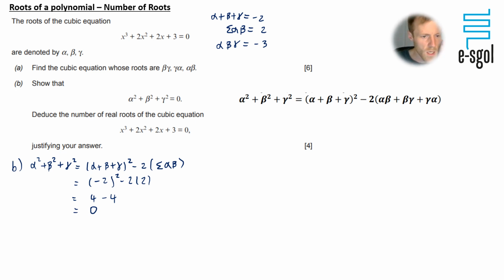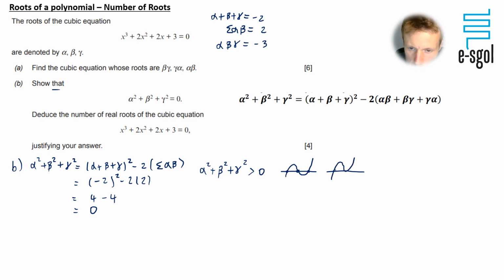Now, if we look at this here, because we've done the show that bit, deduce the number of real roots of the cubic equation. I guess if we had alpha squared plus beta squared plus gamma squared, and we got a number that was greater than 0, then we could have a situation that looks like this on a graph, where we've got 1, 2, 3 real roots, or we could have a situation that looks like this.